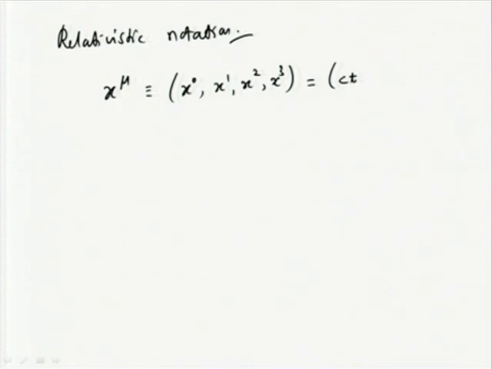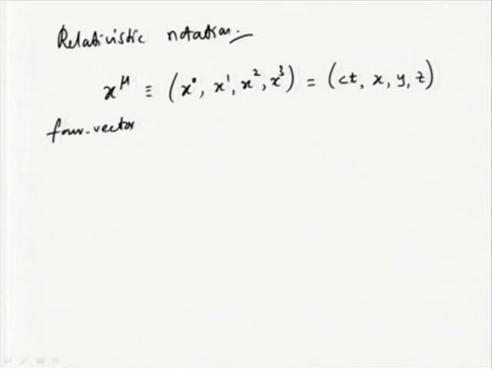So, that c t together has the dimensions of length, and then the coordinates x, y and z, the normal position coordinates in Cartesian coordinate system. So, x, y and z together with c t gives us a 4 vector.